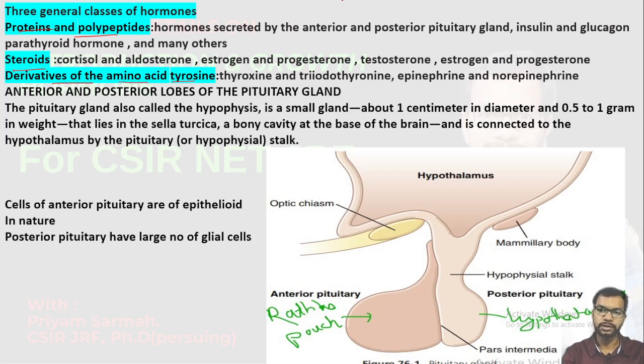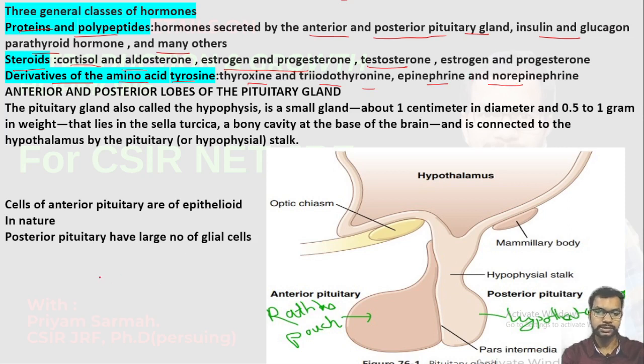Hormones like the anterior and posterior pituitary hormones and insulin, glucagon, parathyroid hormone, and many others are protein or polypeptide in nature. Then steroids: cortisol and aldosterone, estrogen, progesterone, testosterone. These are steroidal in nature. Thyroxine, triiodothyronine, epinephrine, norepinephrine are derivatives of amino acid tyrosine.